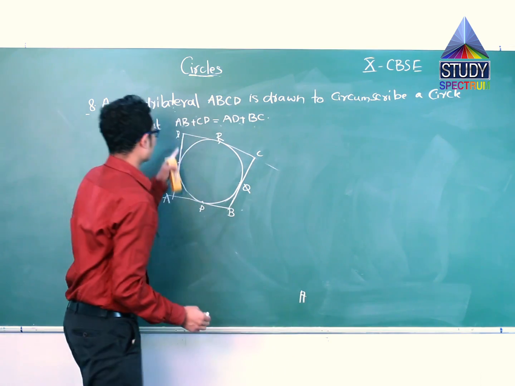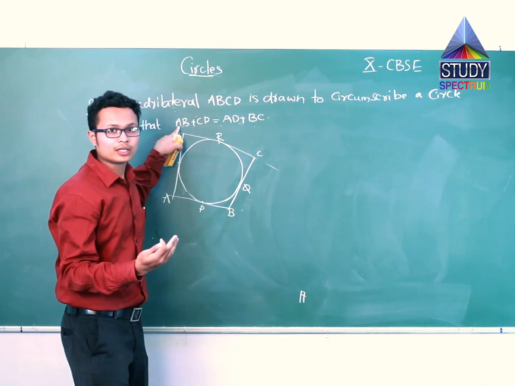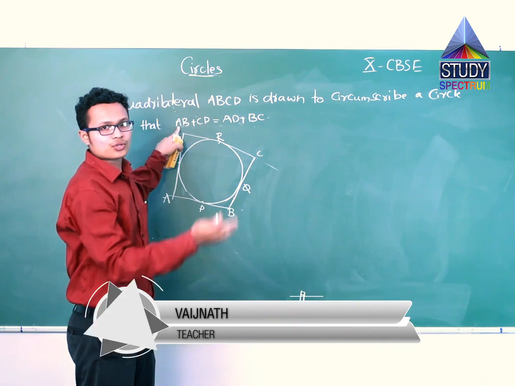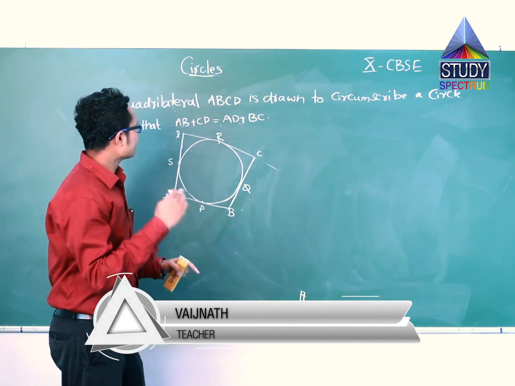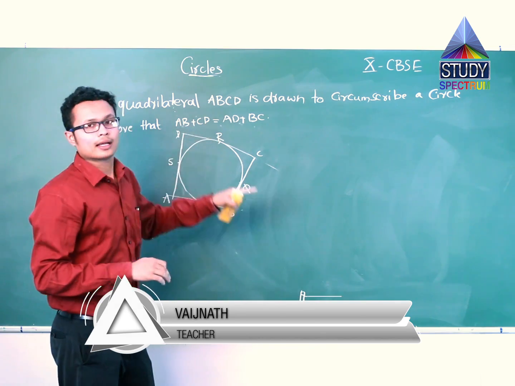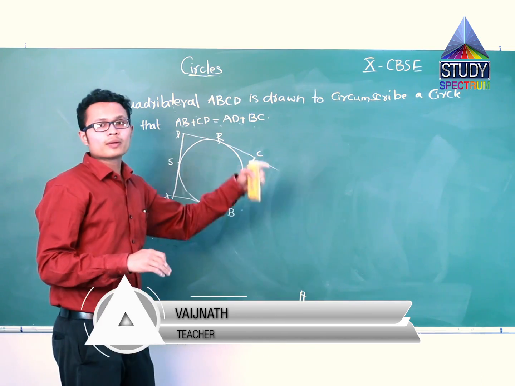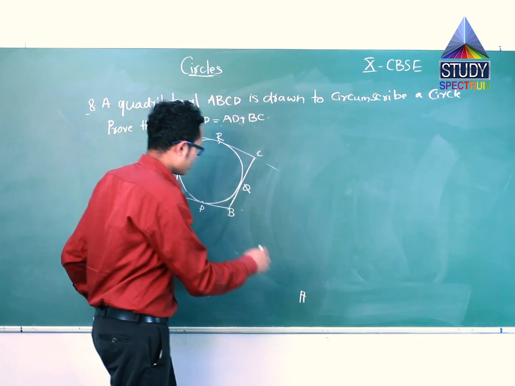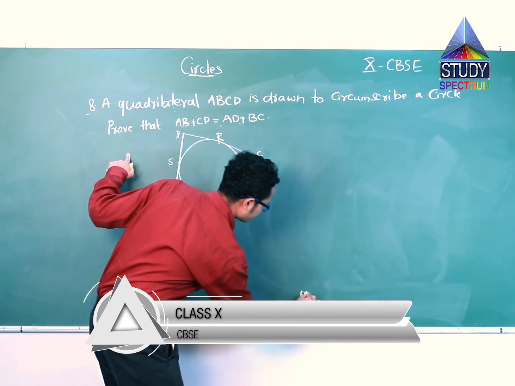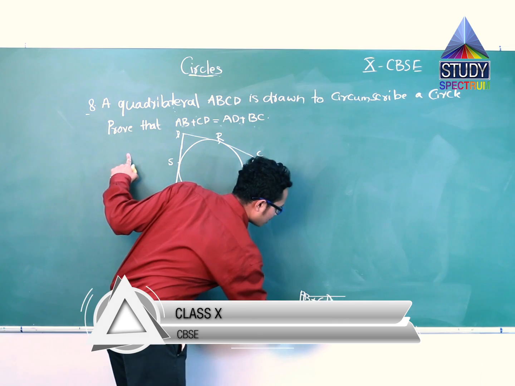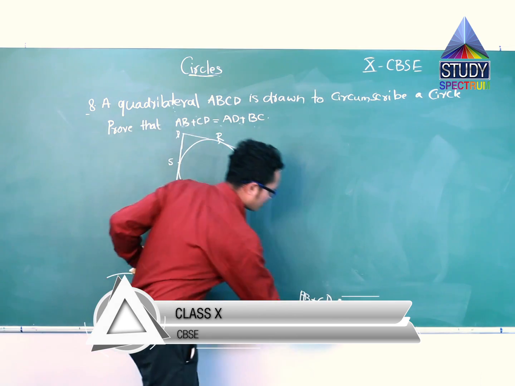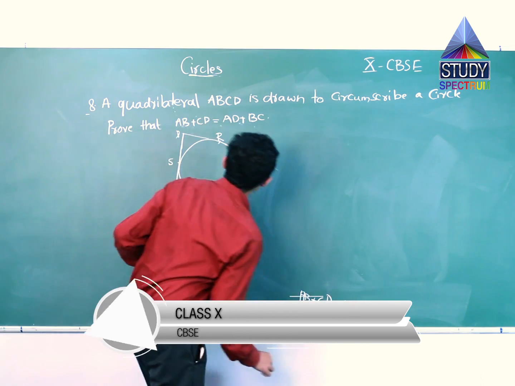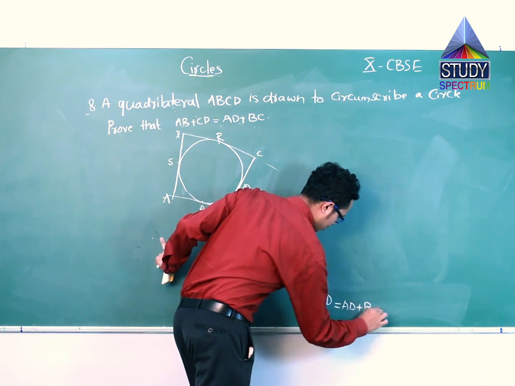I am writing the result first, and what I am doing here is backtracking the solution. I am solving it in reverse order. First I take the result and then go back step by step. AB plus CD is equal to AD plus BC.